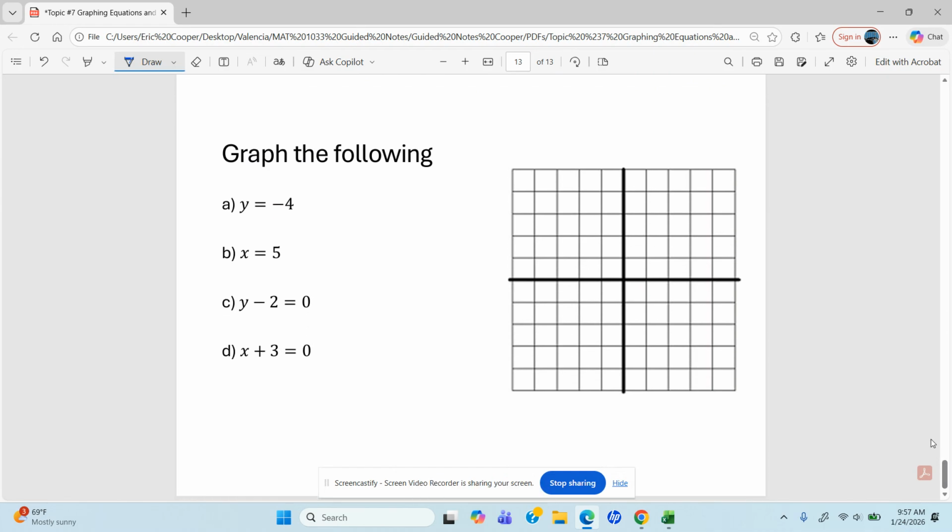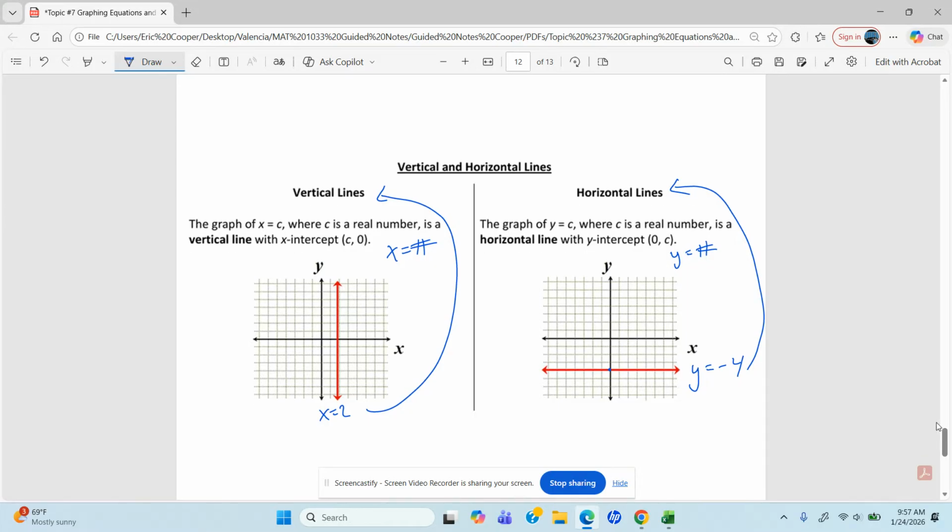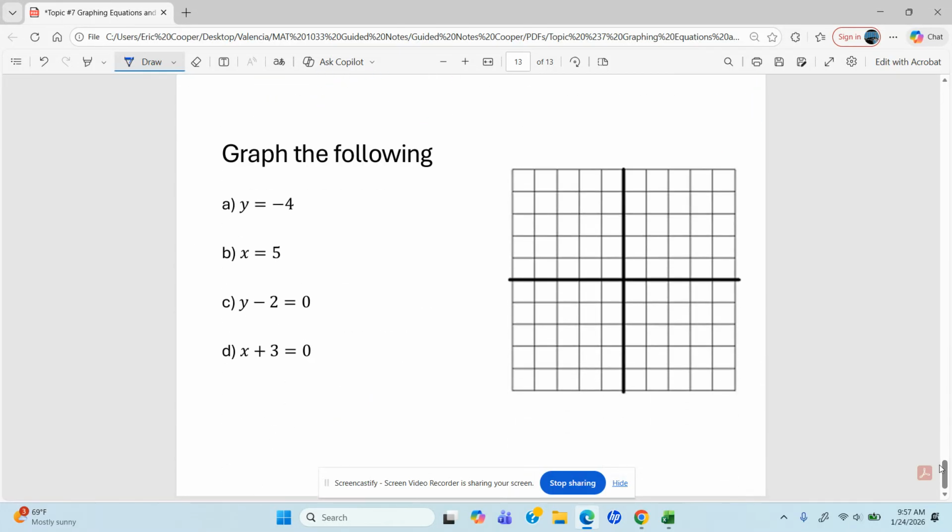Let's try it here with these. I've got y equals -4. And we have to remember y equals -4 will end up being a horizontal line. So I'm going to draw a horizontal line that is at -4. 1, 2, 3, 4.